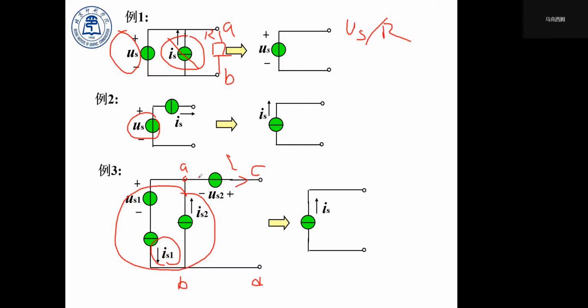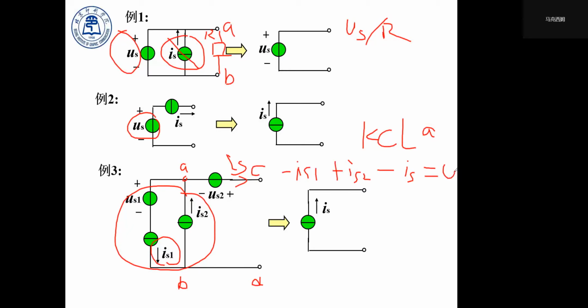Right? From KCL, we list the KCL equation at point A. We see that IS1 goes away from point A, so we give it a negative sign, plus IS2, since IS2 goes into it, and minus IS, since IS goes out of it, equal to 0.